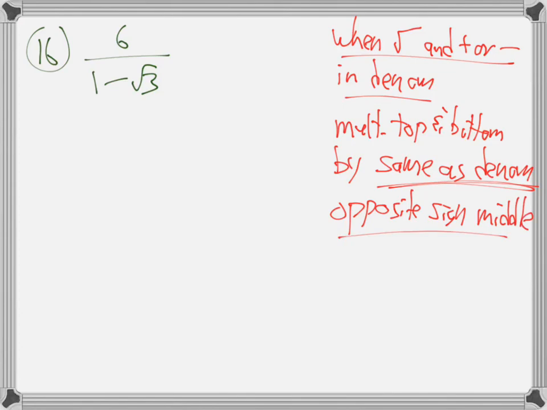In other words, if the middle starts with a minus, we'll use a plus. So notice I'm going to multiply top and bottom by 1 plus root 3. See how I used exactly the denominator but changed the sign in the middle?